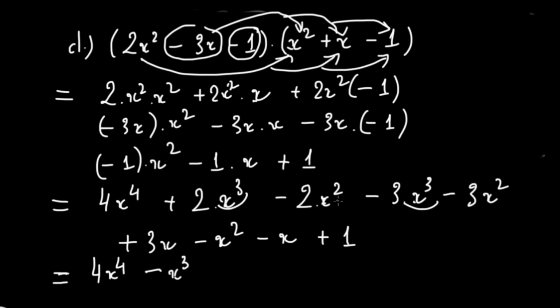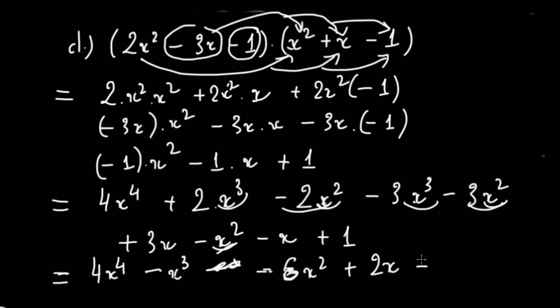And then x squared. Look at x squared. We see x squared here, and x squared here. They are like terms, so we can combine them together. So negative 2 minus 3 minus 1, together you have minus 6x squared. 3x and minus 1x together, you have 3 minus 1, you have 2x right here, right?